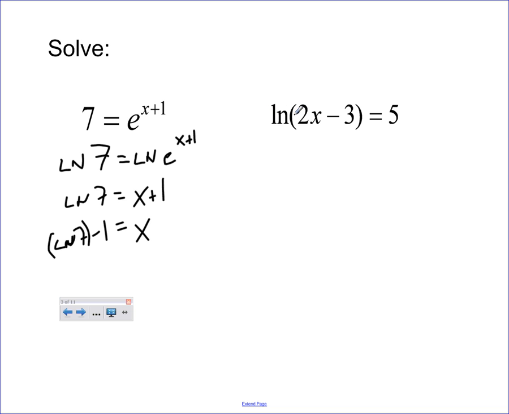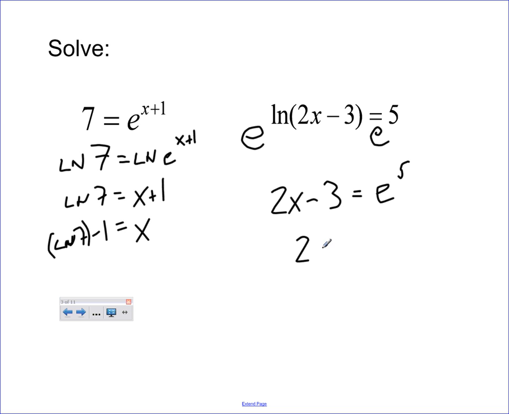If I have the natural log of 2x minus 3 equals 5, how do I undo the natural log? With e. So I go e to the power of each side. E to the natural log of 2x minus 3: the e undoes the natural log, and so I'm just left with 2x minus 3 equals e to the 5th. Again, that's some number we could compute if we needed to.